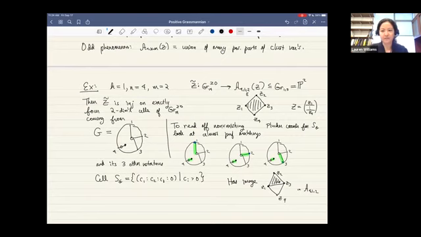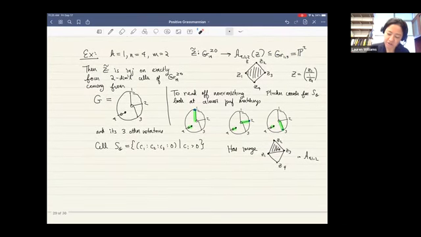Then I said there were 3 other cells which you get by cyclically rotating, and they're just the cells obtained by specifying that exactly one Plücker coordinate is 0 and the rest are positive. So those are the positroid tiles.